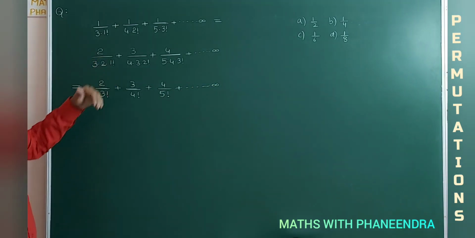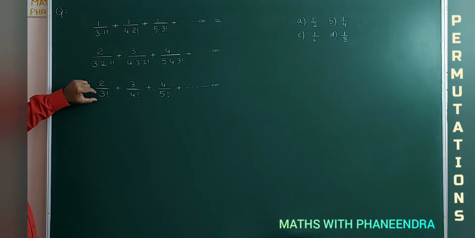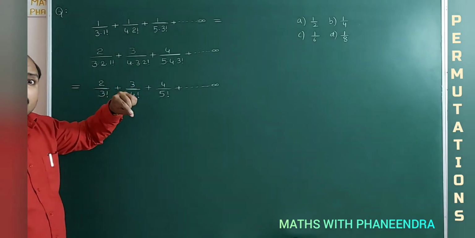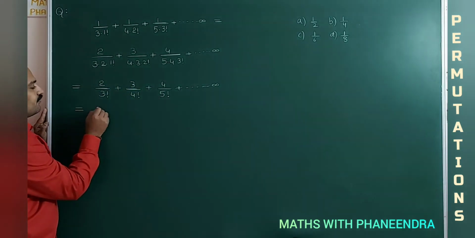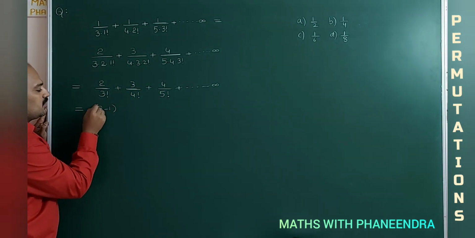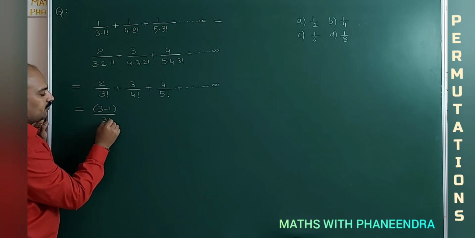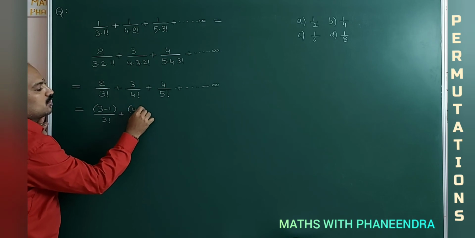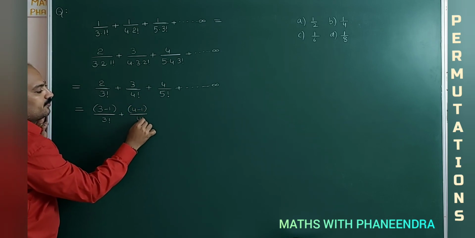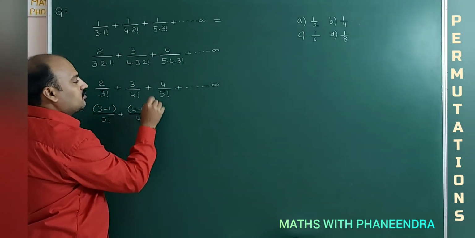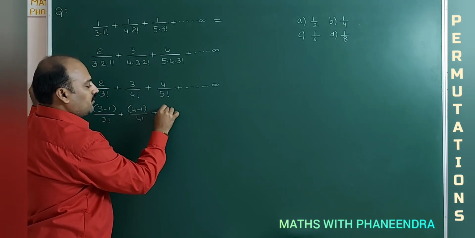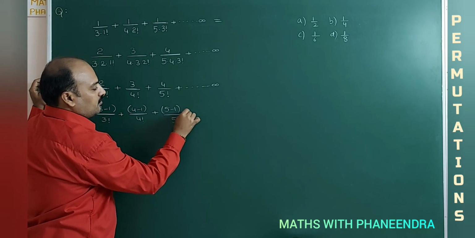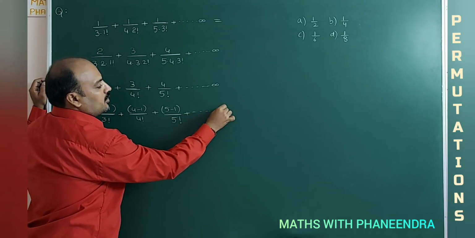Like the previous problem, 2 can be written as 3 minus 1, 3 can be written as 4 minus 1, 4 can be written as 5 minus 1. So 3 minus 1 divided by 3 factorial plus 4 minus 1 by 4 factorial plus 5 minus 1 by 5 factorial plus and so on to infinity.